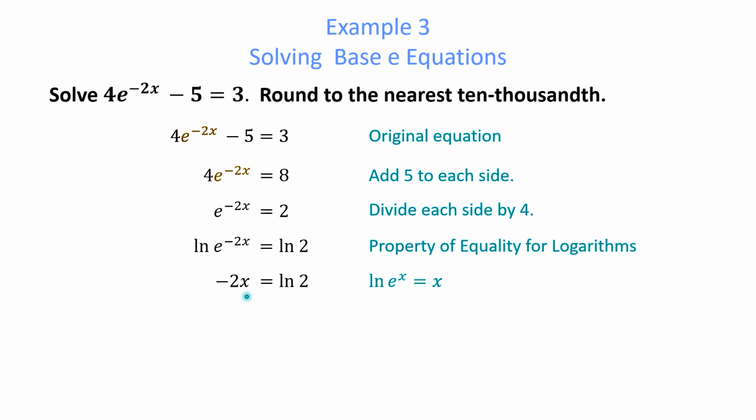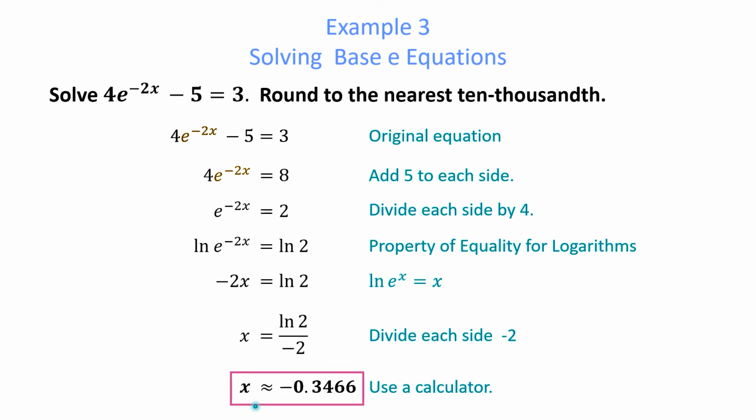Okay, now we want to isolate the x, so we'll divide each side by negative 2 to give us the following, and we can input this into the calculator, and that will give us the following answer. So we have x is approximately equal to negative 0.3466, which has been rounded to the nearest 10,000th.